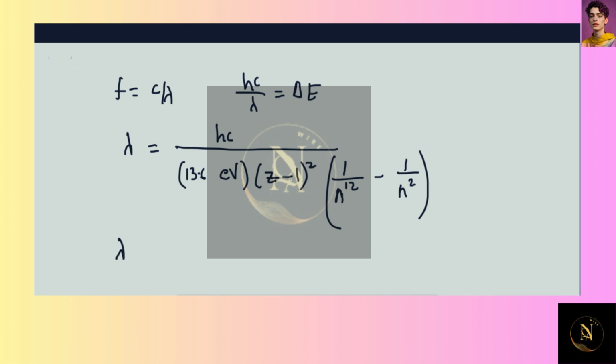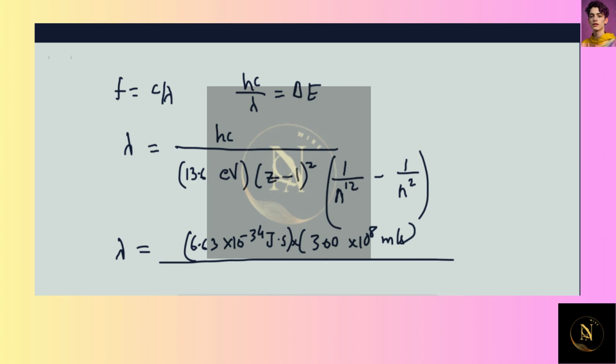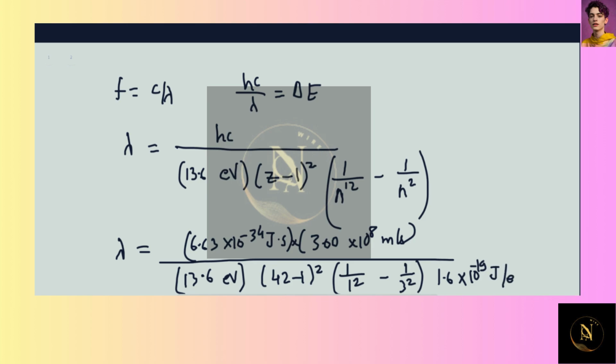So after we plug in the values: 6.63 times 10 to the power minus 34 joule seconds times 3.00 times 10 to the power 8 meters per second, over 13.6 electron volt times (42 minus 1) squared times (1 over 1 squared minus 1 over 3 squared), and 1.6 times 10 to the power minus 19 joules per electron volt.